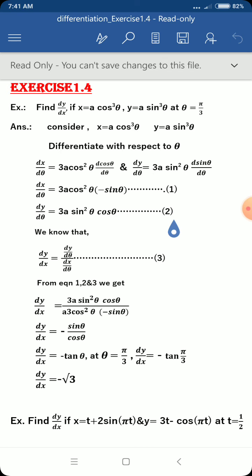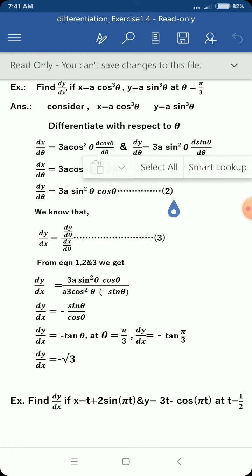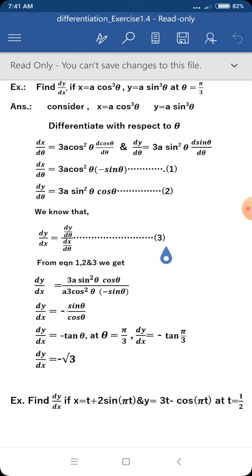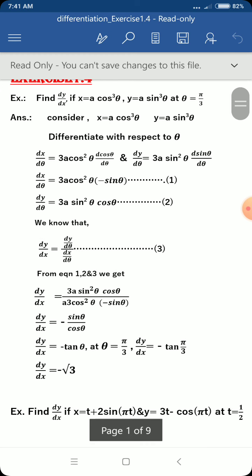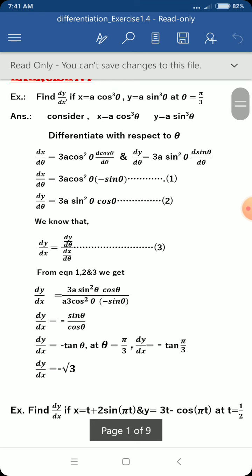Now the derivative of the second equation, y is equal to a into sin cube theta. Here also the derivative of y with respect to theta is dy by d theta equal to a as it is, the derivative of sin cube theta. Here also sin cube theta is a composite function. We can write this as sin theta raised to 3. Now suppose sin theta is x in mind, then we get x cube and the derivative of x cube is 3x square.